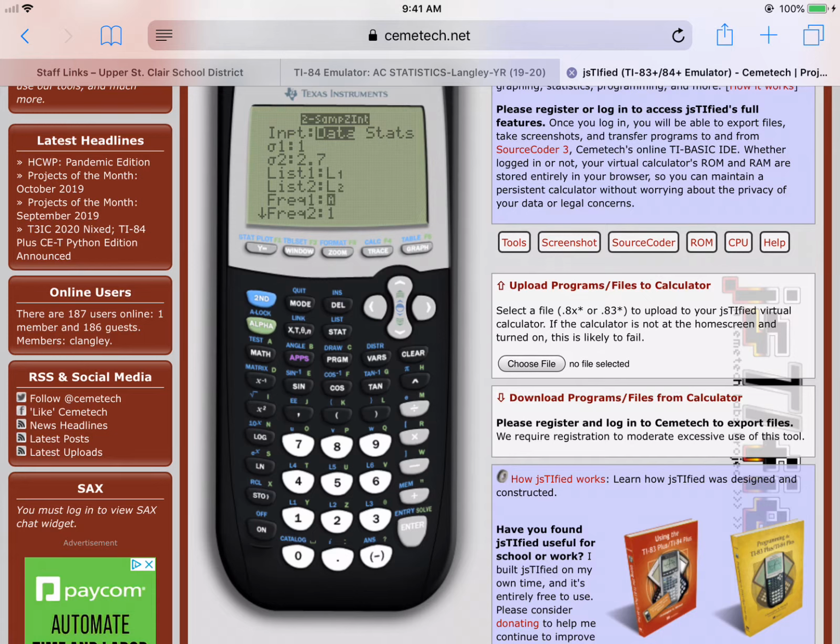Calculator's going to find this, leave those frequencies at 1, 95% confidence interval, calculate, and here's our confidence interval. It also provides us with the means of those two. We see that the X bar 1 is 7, X bar 2 is 8.5625.